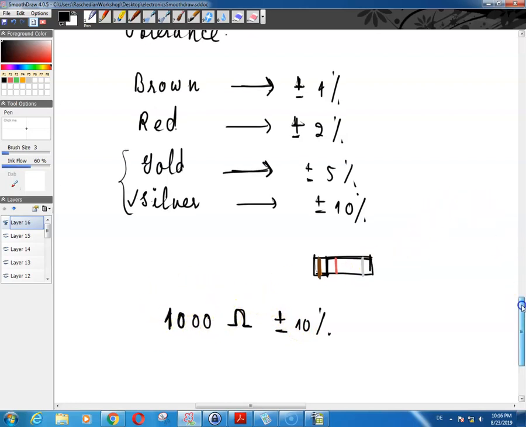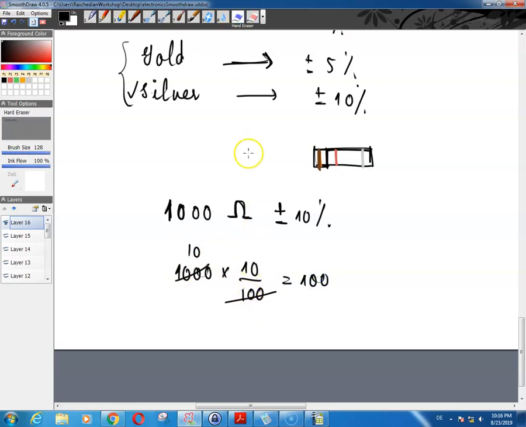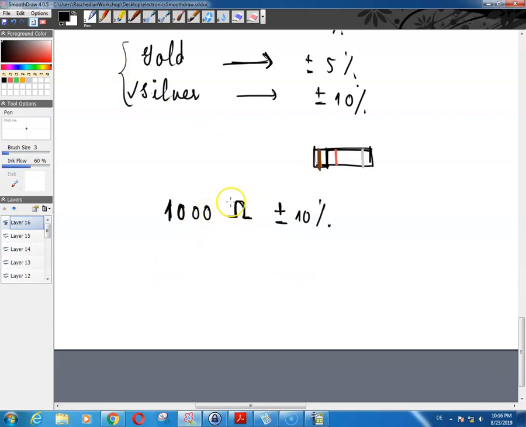1,000 is, of course, 1,000 times 10%, which would be 100. What that means is that 10% of 1,000 would be 100, so that would be plus or minus 100 ohms, basically.